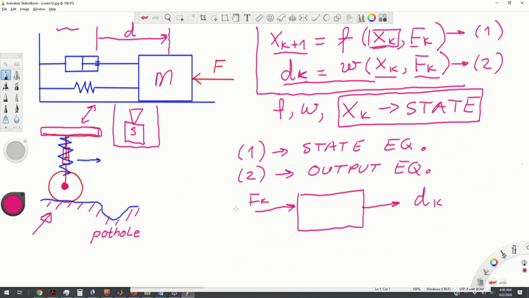That is, if we know the discrete time sequence of forces applied to the system, we can compute the prediction of the displacement of your system by simply propagating these equations.